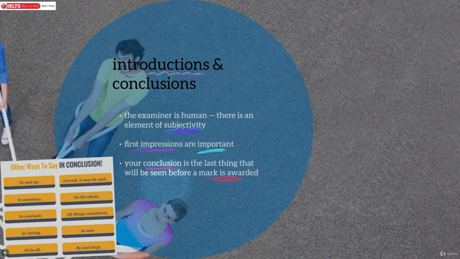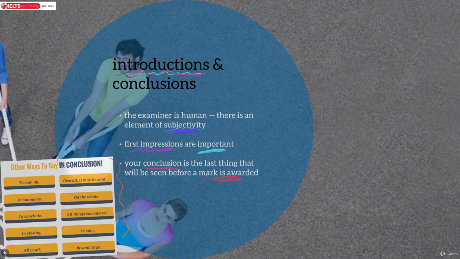And so in this section, we'll be looking at how to write a good introduction for an advantages and disadvantages essay, as well as how to write good conclusions for all essays in general.